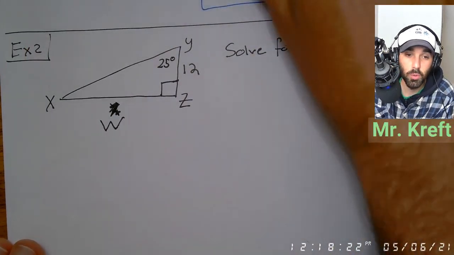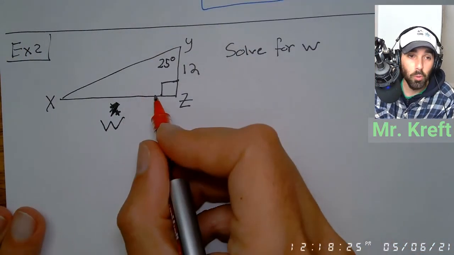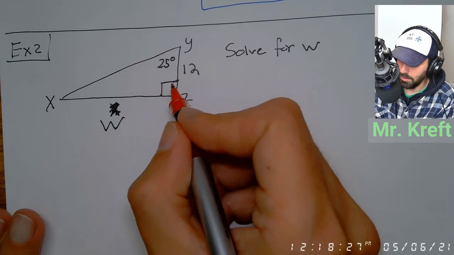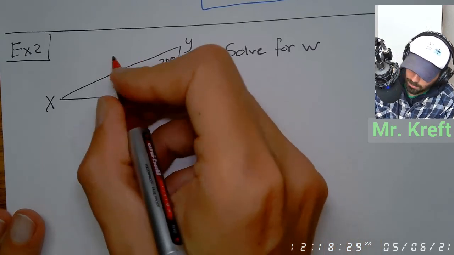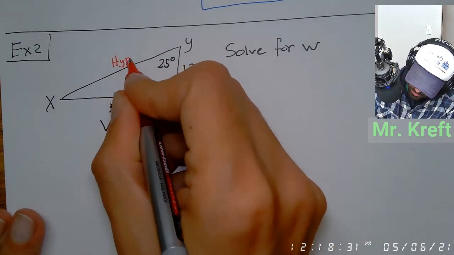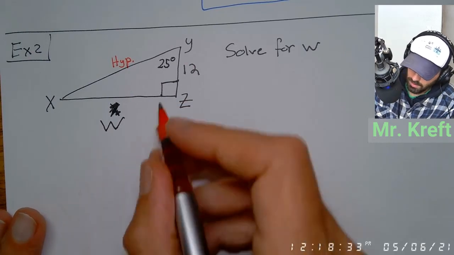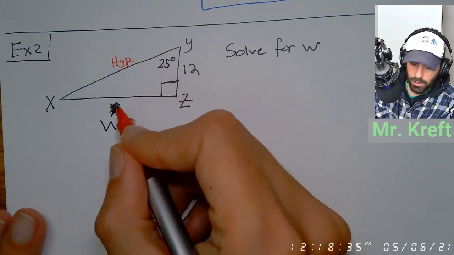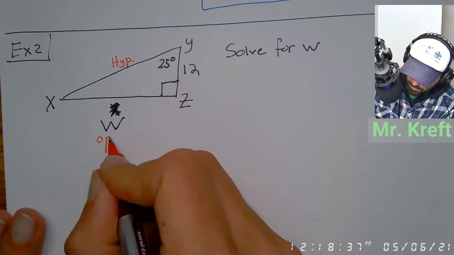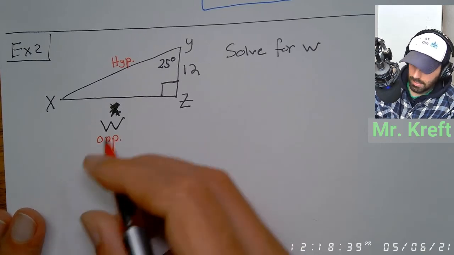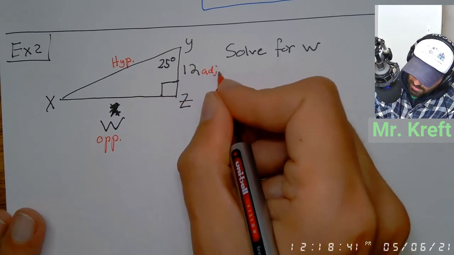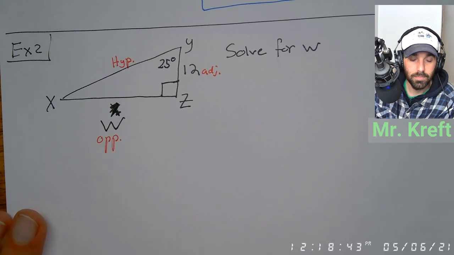Okay. So again, going through this, I'm going to label first. So I'm going to find my 90. The side opposite from it is my hypotenuse. Furthest away from my reference angle is my opposite. And then next to it is my adjacent.